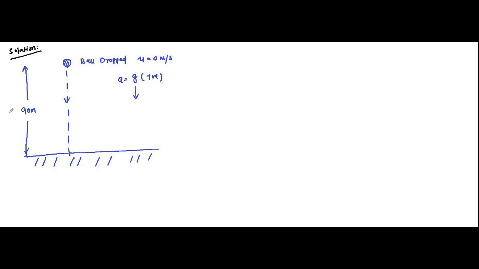Here S, the displacement or the distance, whatever you call it, because it is one dimensional it is the same thing, is equal to 90 meters. So here we can use the equation of motion S is equal to ut plus half at square.